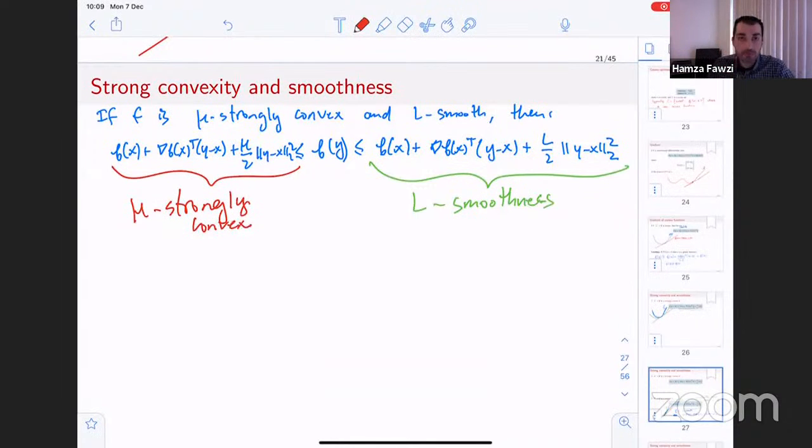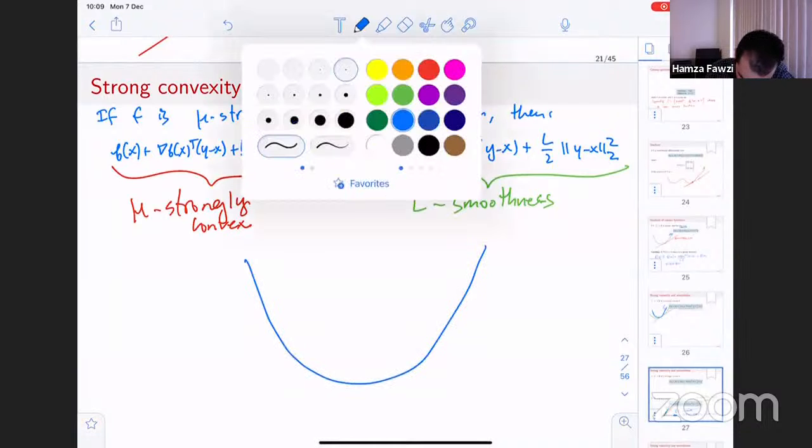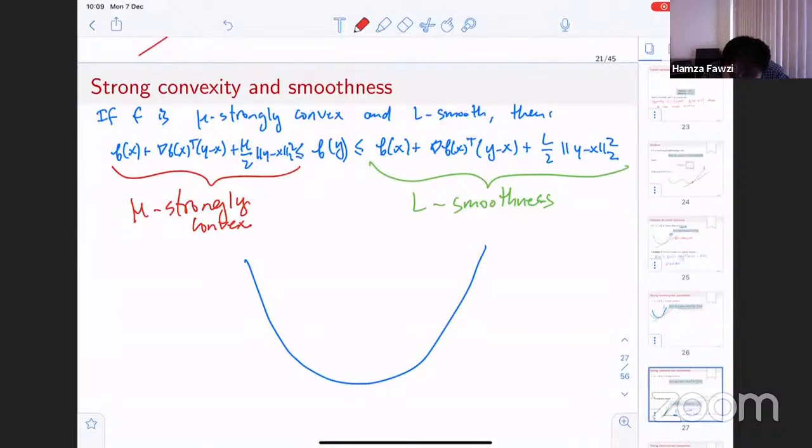So essentially I'm sandwiching f between two quadratic functions, and let me draw a curve. Let's assume my function is like this. I have a quadratic lower bound, which follows from strong convexity.